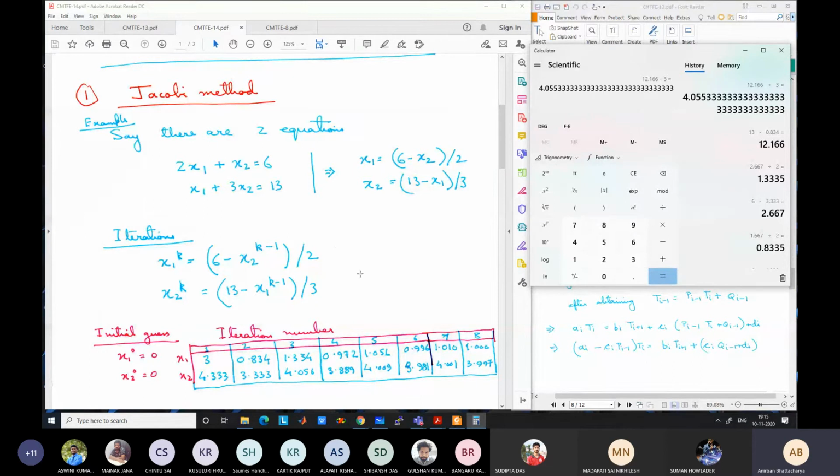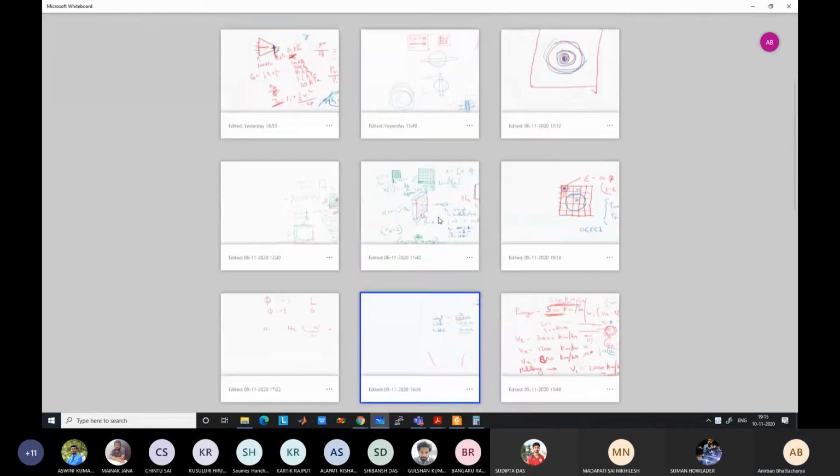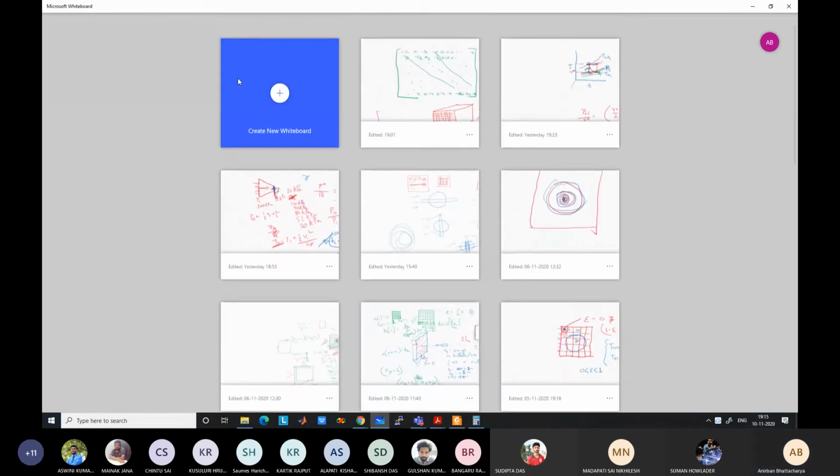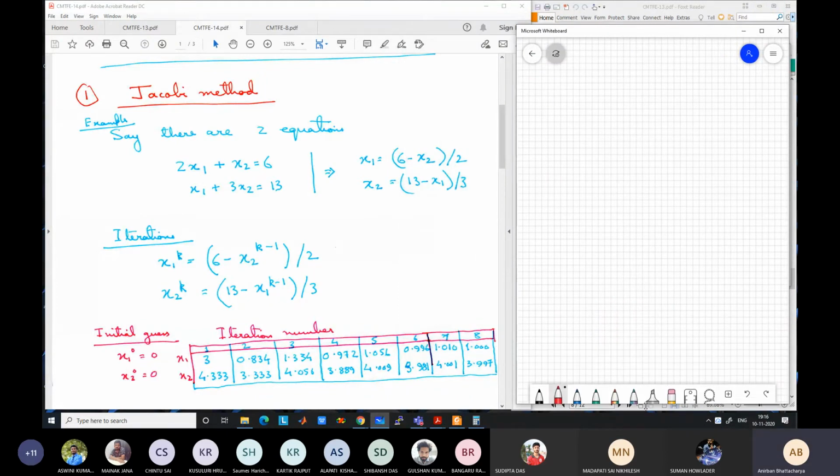If you start with different guess values, then obviously the calculation changes. Here we needed 8 iterations to reach this type of precision. If you start with 1 and 1, let us try a few iterations with 1 and 1.